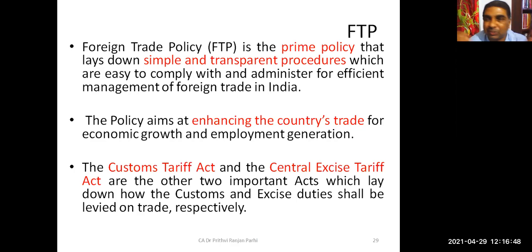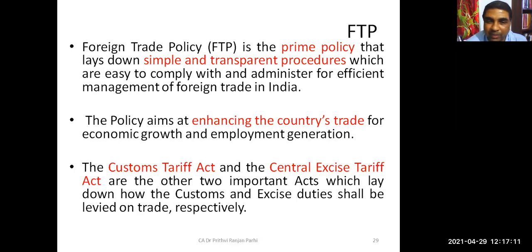The one is the Customs Tariff Act, which prescribes what the customs duty rates are on which product. And the Central Excise Tariff Act. Central excise is applicable on the production of goods. But with GST, most of the products are removed from the purview of central excise tariff. They are coming under GST.